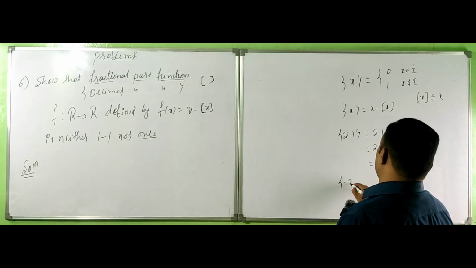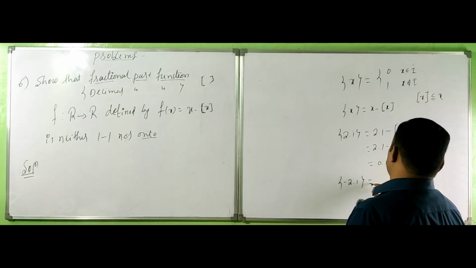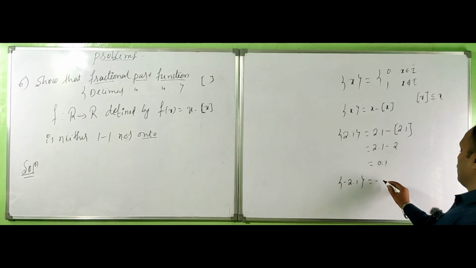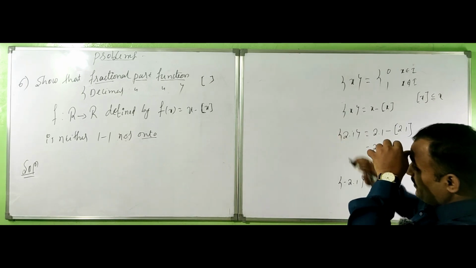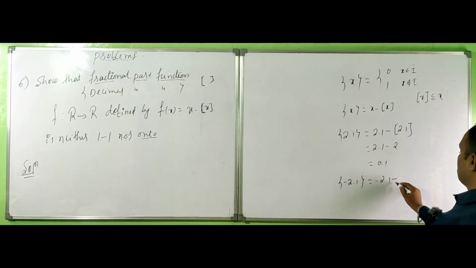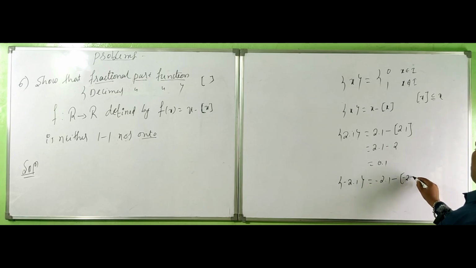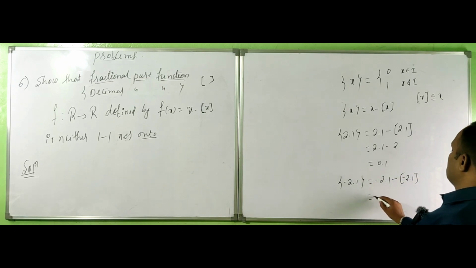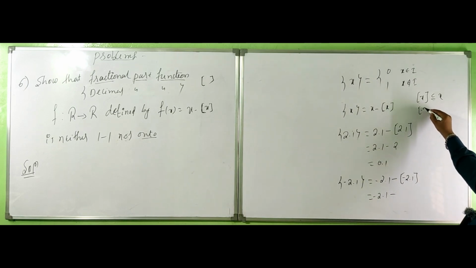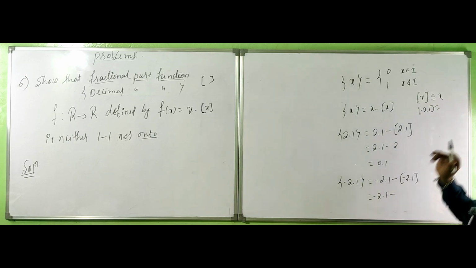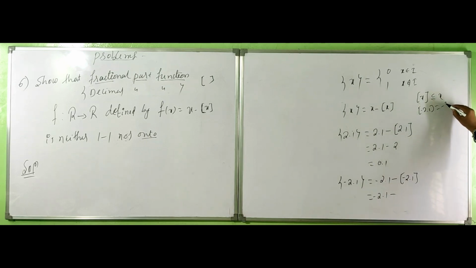Second, I am taking minus 2.1. Minus 2.1 minus its integer function, the greatest integer less than or equal to x, is minus 3, because minus 3 is less than minus 2.1.